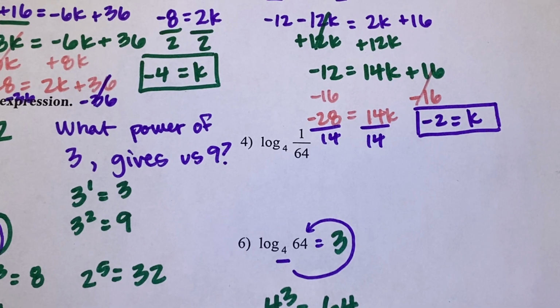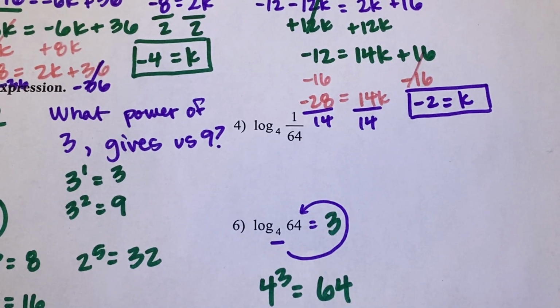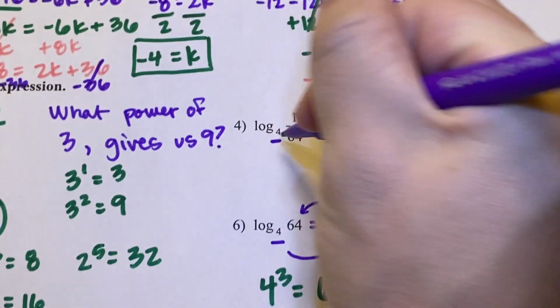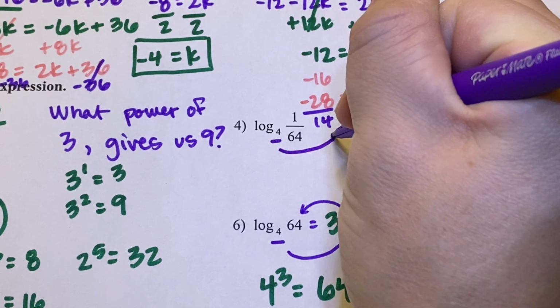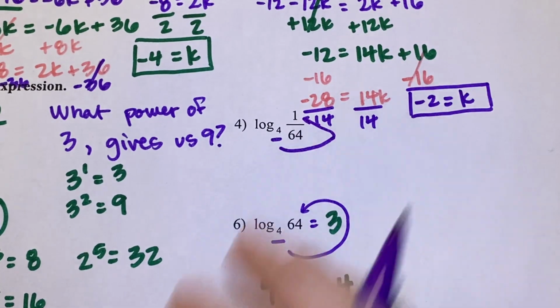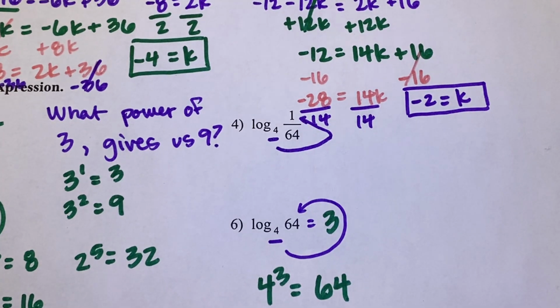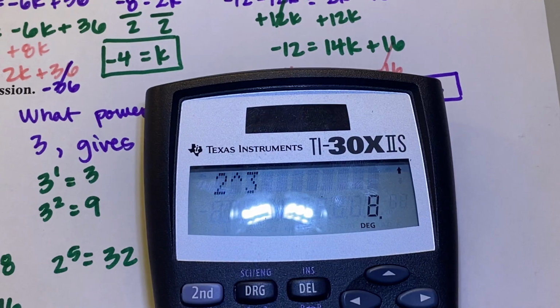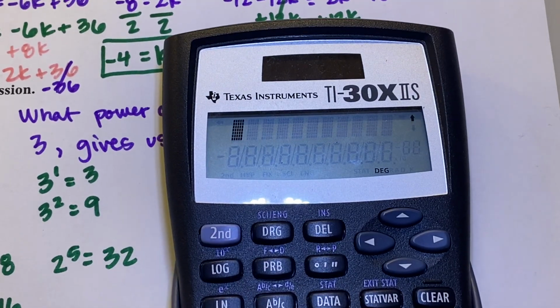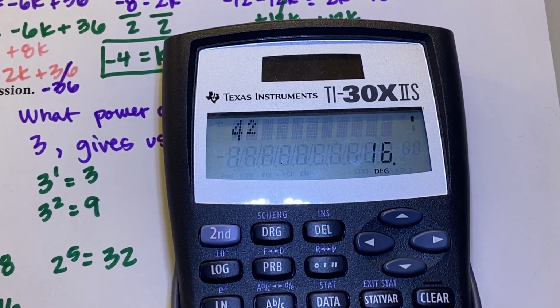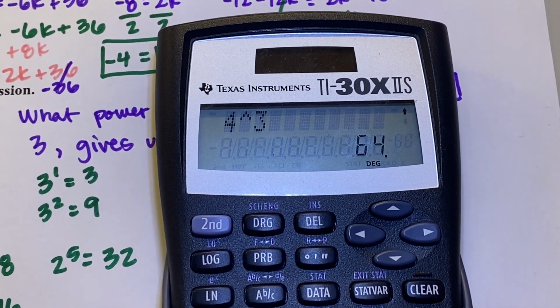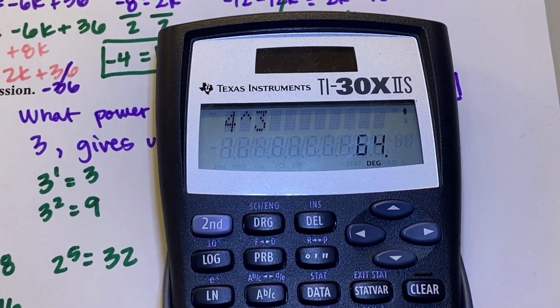Let's go back to number 4. Okay, so we're looking for 4 to the power of what, I'm running out of room, gives me 1/64. Well, first of all, 4 to the power of what would give me 64? Let's do some guess and check. Let's just look for that 64 piece. 4 squared gives me 16. No. 4 to the power of 3. Ooh, 64. Is that kind of what we're looking for?